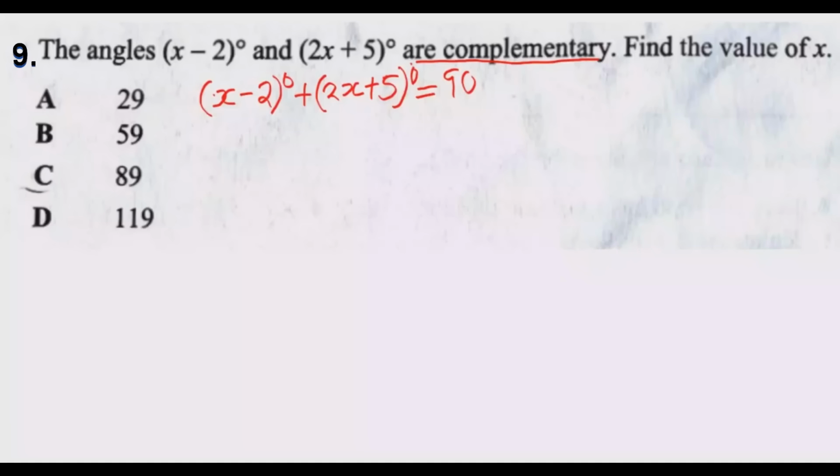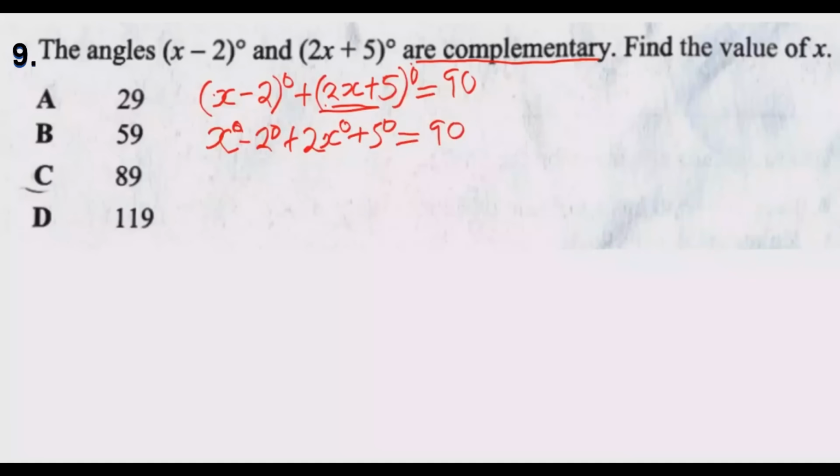So we say degrees times x will give us x, degrees times negative 2 will give us negative 2 degrees. Then negative times 2x will give us positive 2x degrees. Negative times 5 will give us positive 5 degrees. Okay, which is equal to 90 degrees.